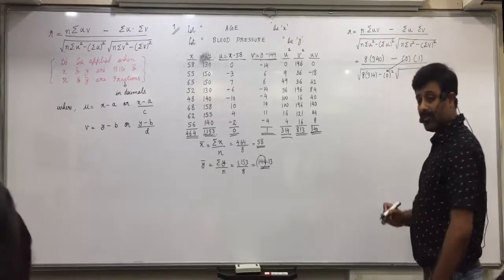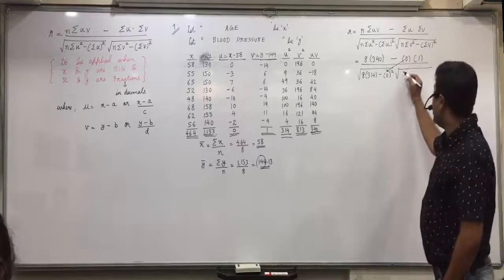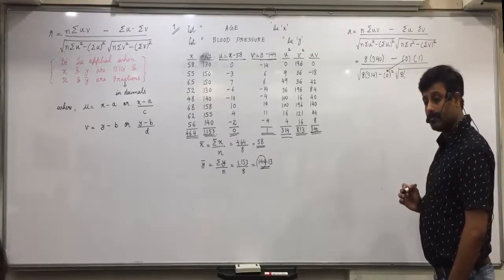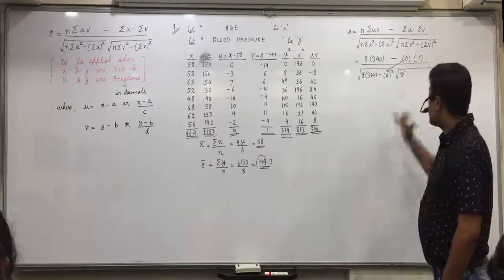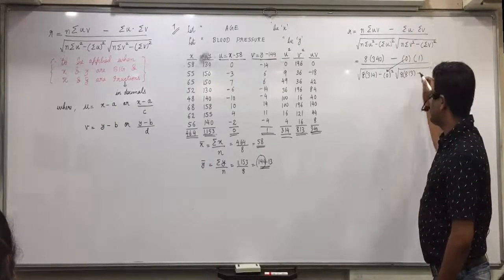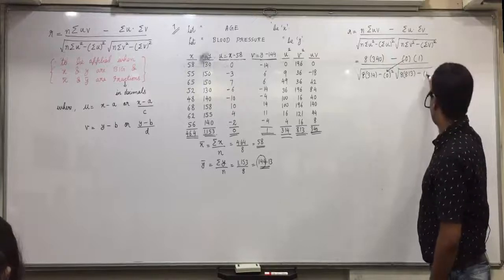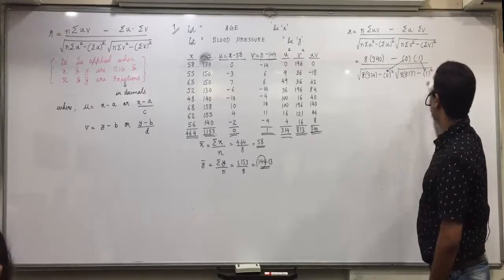Then into square root of 8, sigma v square, 813, minus sigma v, that is 1, whole square.